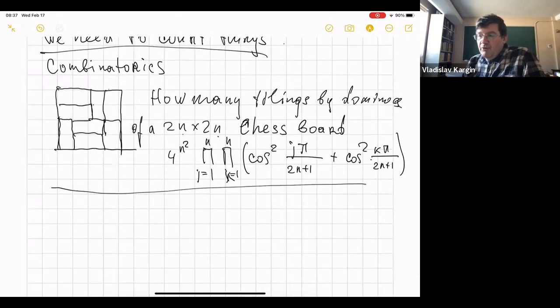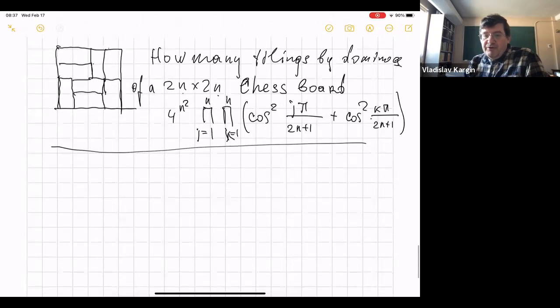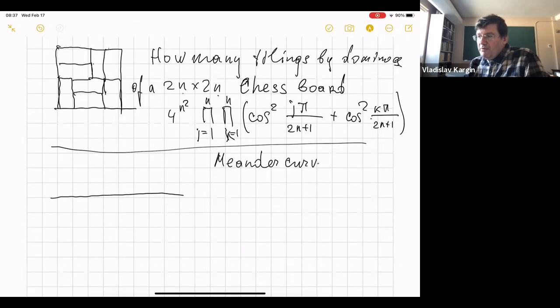Right, now another example of how difficult things could be is the number of meander curves. So with the tilings, another example is meander curves. Meander curves: you have something like a river, right? Something like that.